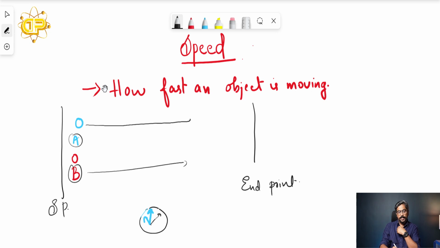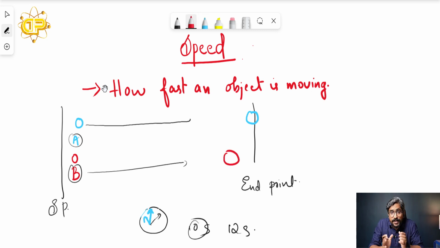Just imagine that after 12 seconds, object A has reached the end point, whereas object B is still here. So you can say that object A is faster, or the time taken by object A is lesser.